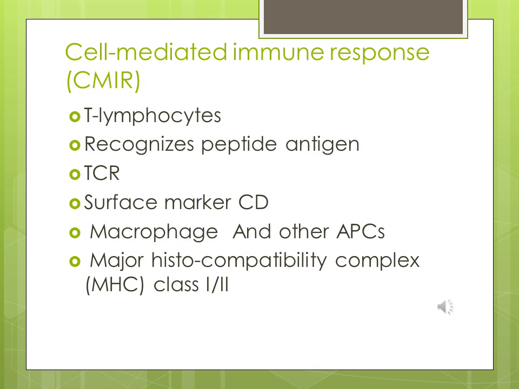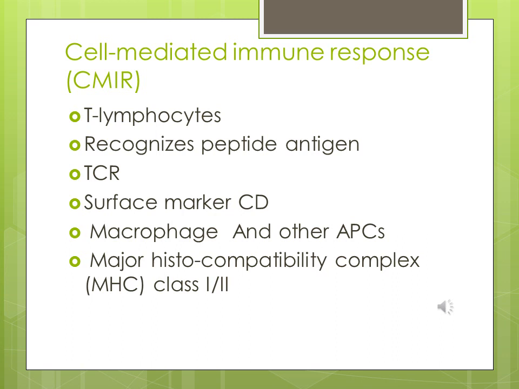Much like humoral immunity, someone who has not been exposed to a specific disease can gain cell-mediated immunity through the administration of Th and Tc cells from someone that has been exposed and survived the same disease. So it is clear to us that T cells or the T lymphocytes are playing a very key important role in CMIR.